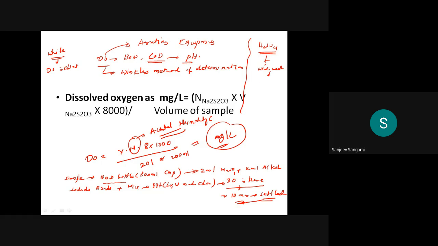Once all the particles are dissolved, you have to take a 200 ml sample from that BOD bottle and transfer that to a conical flask.